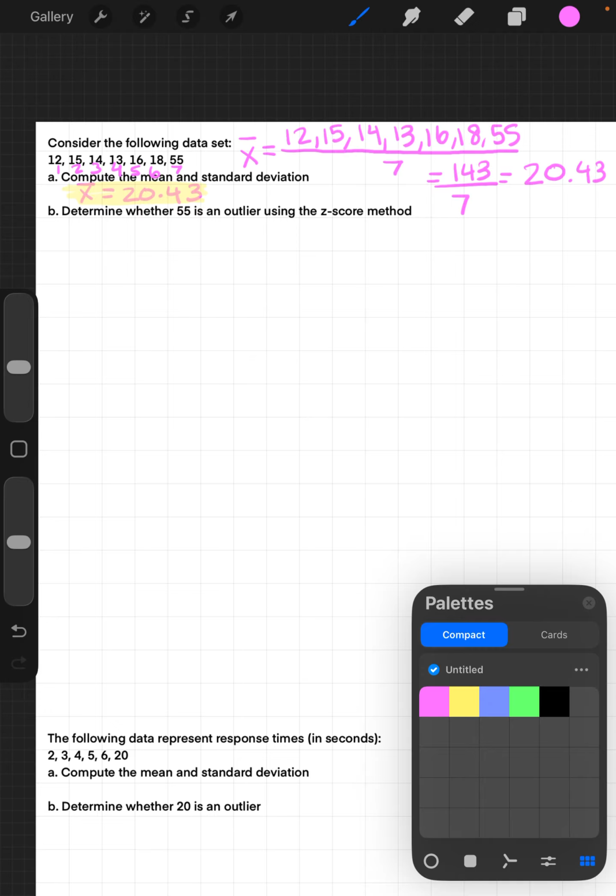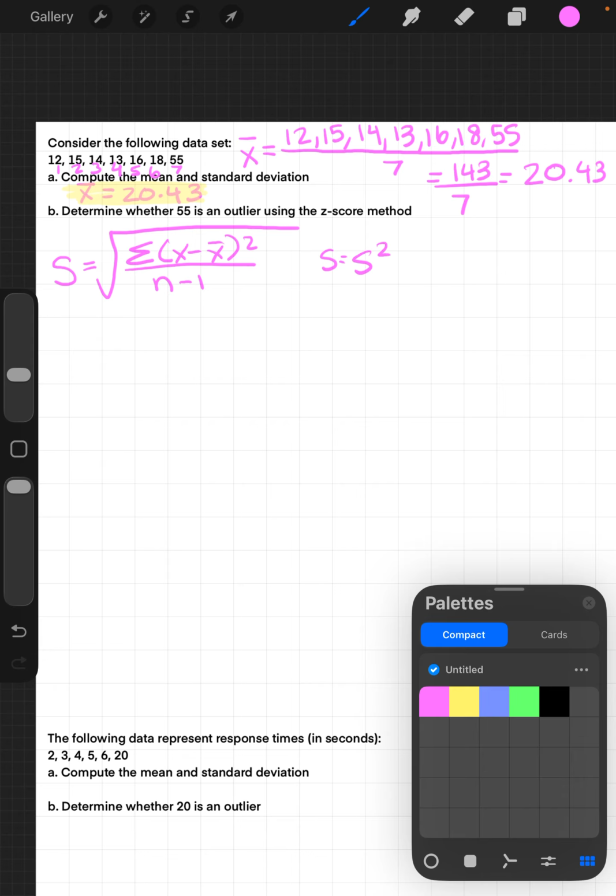Okay, and now we're gonna find the standard deviation, s, and the standard deviation is the square root of the variance.